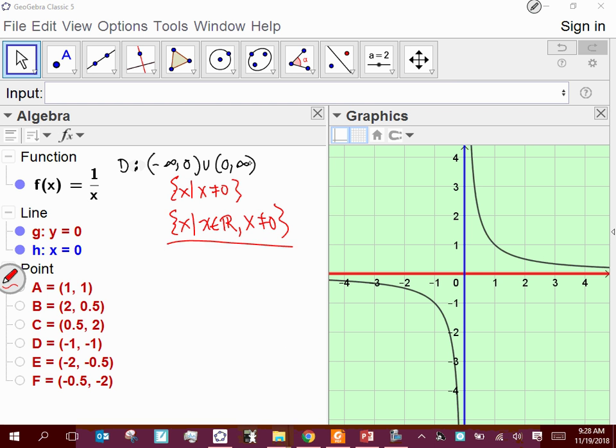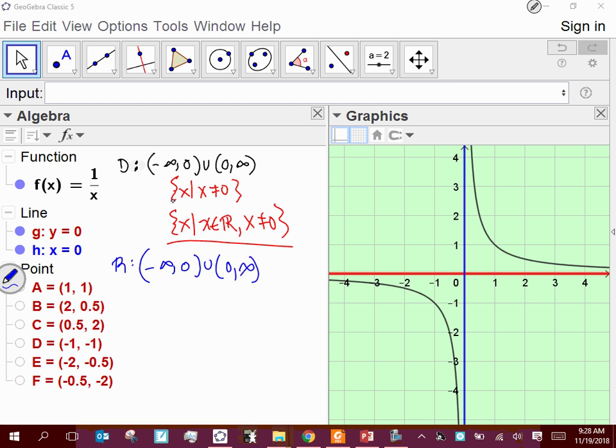The range then, guys. What y value will you never have? 0. So my range is also negative infinity to 0, union 0 to infinity.